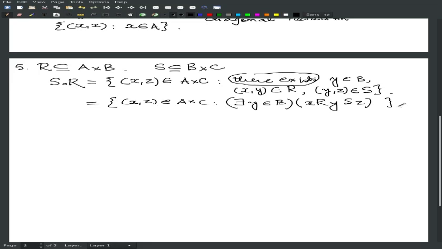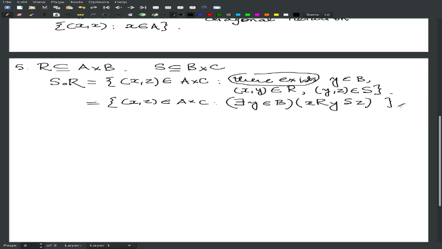This has many applications. We make newer and newer relations with this composition, and we will see how we are going to use this.